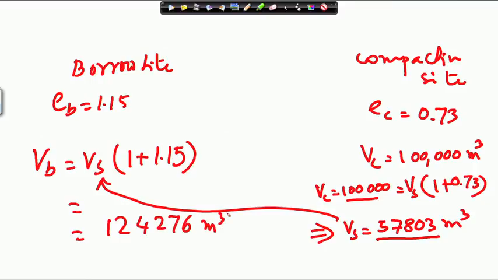That means for 100,000 meter cube of compaction, I have to bring from the borrow site 124,276 meter cube.